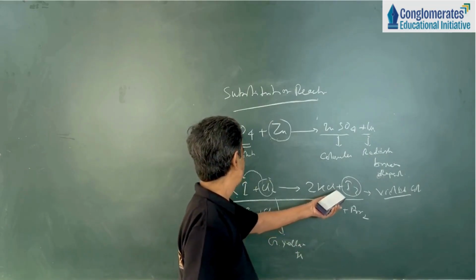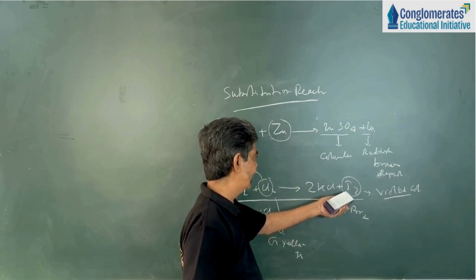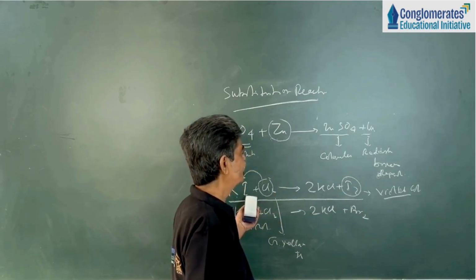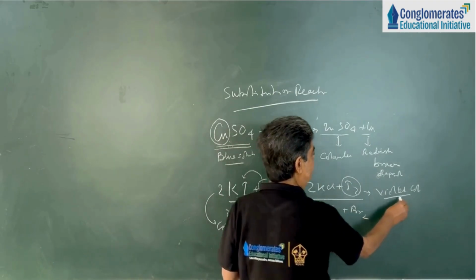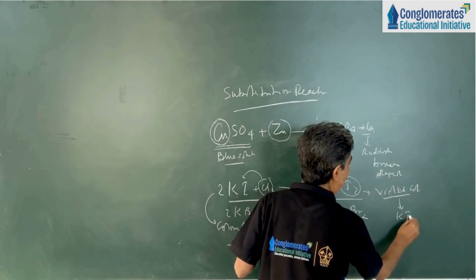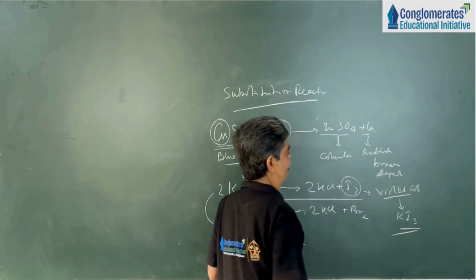This violet colored I2 will combine with the KI to form KI3, which is a reddish brown solution.